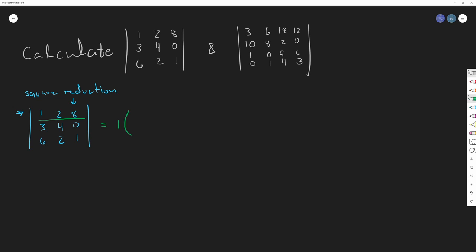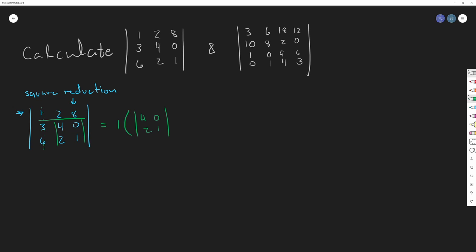There are many 2x2 matrices you can create here, but the one we're going to do is 4, 0, 2, 1. The reason is that we have the first row and the first column that we're multiplying with. That means we completely disregard everything in the first column and first row, and whatever's left over, we take the determinant of.